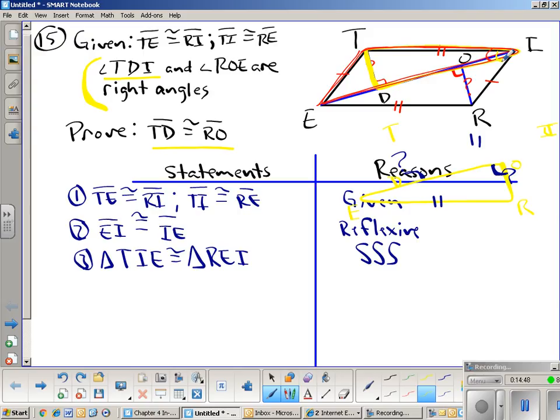So it's going to be helpful for me to say now, step 4, that angle TIE is congruent to angle REI. Angle REI. And this one down here. That angle right there. Okay? It's going to be helpful to say that those are congruent.